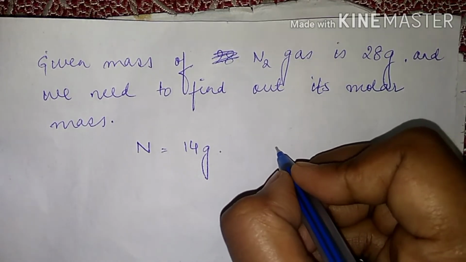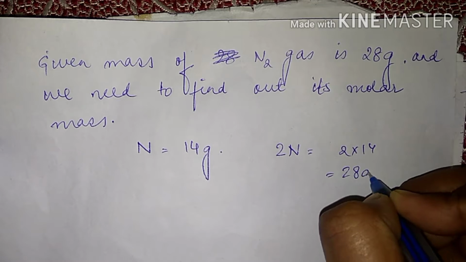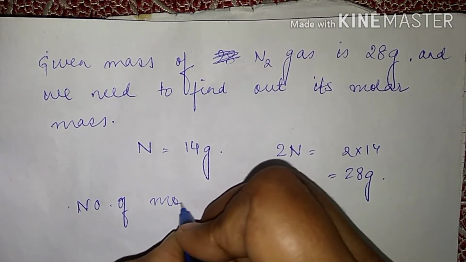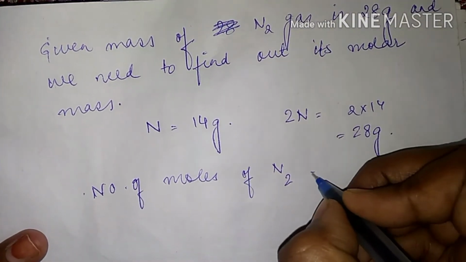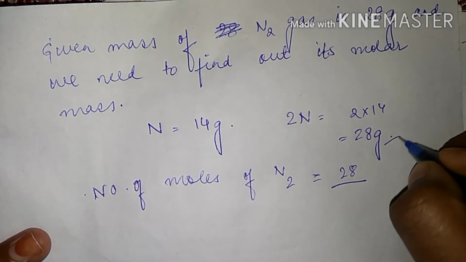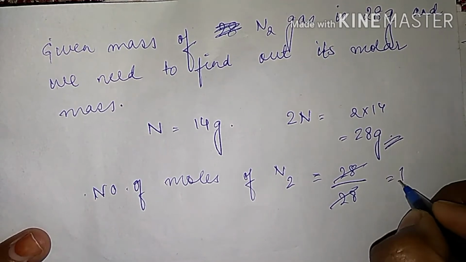So there are 2 atoms of nitrogen. It will be 2 into 14, 28 grams. So the number of moles of nitrogen in this question is the given mass of nitrogen, 28, by the molar mass of nitrogen gas, 28. So the number of moles here is 1.